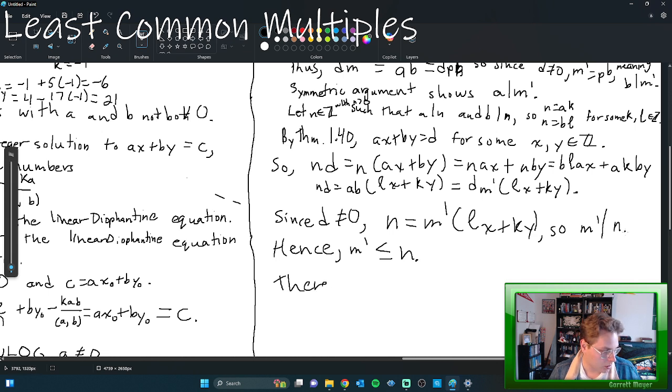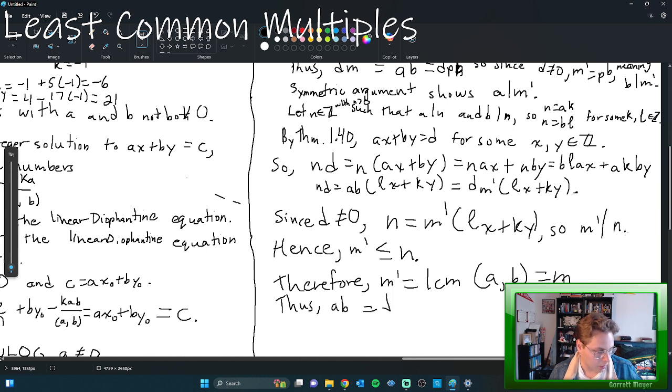Therefore, m prime equals the least common multiple of a and b. So it equals m. Thus, ab equals dm prime equals dm equals GCD of a and b times the least common multiple of a and b. And there's our proof.